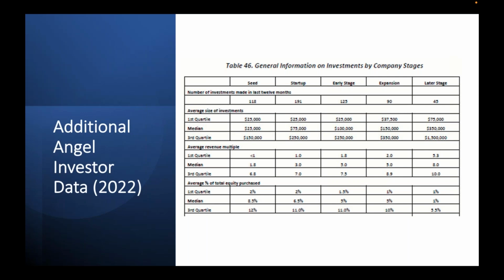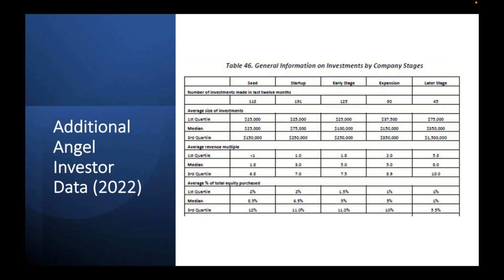So here is one of the many tables that they created for angel investor sentiments. You can see that as you go from seed to startup to early stage to expansion to later stage, the size of the investment rises, the average revenue multiple rises, but the percent of equity being purchased falls, which is more or less what you would expect.